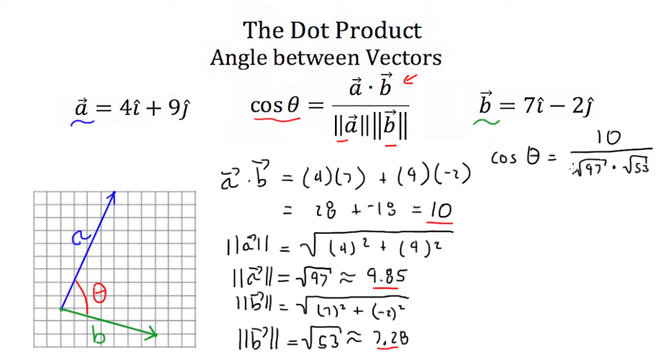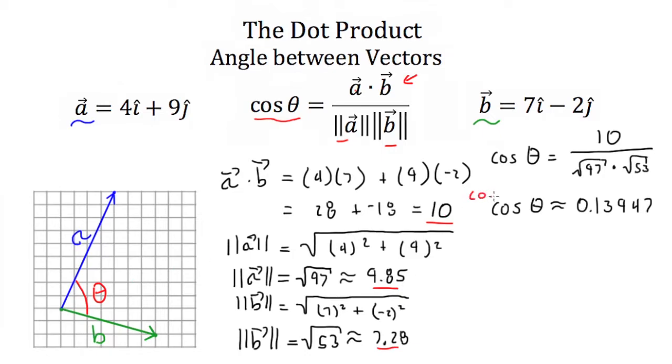If you plug all this into a calculator, you'll find that the cosine of theta is approximately 0.13947.